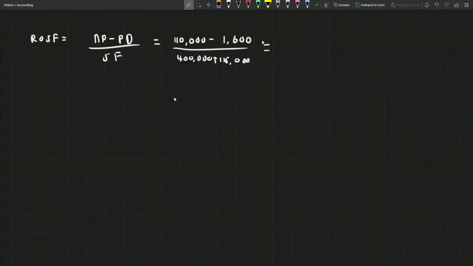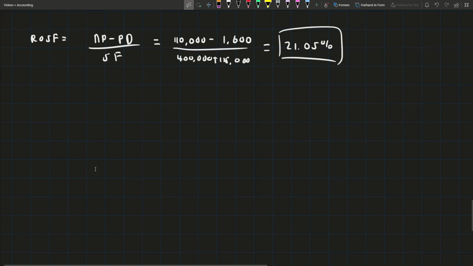And you usually won't use this figure in your analysis in the report because they don't give you the numbers from last year. And it's also just not as useful to people as the other one, the return on capital employed. Multiply by 100 to get the percent. And you can see it's about 21.05%. If you had to calculate that.